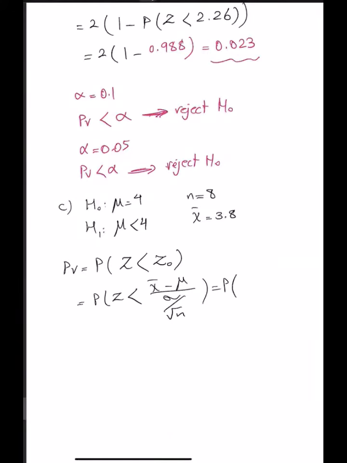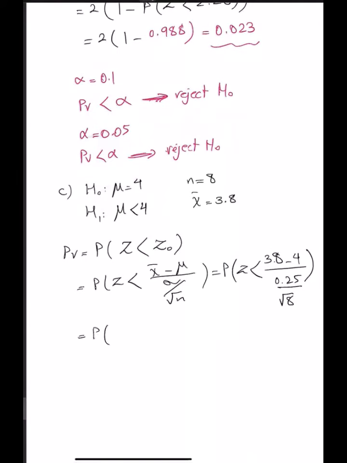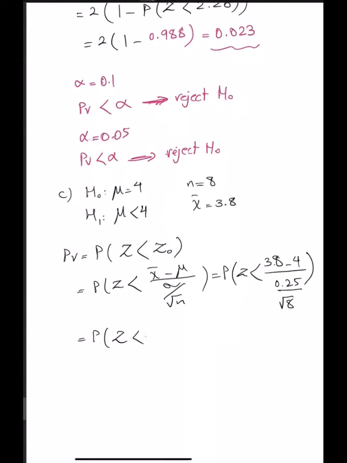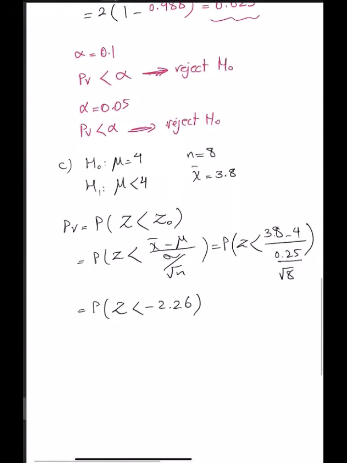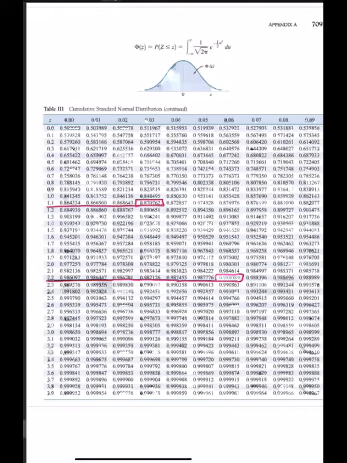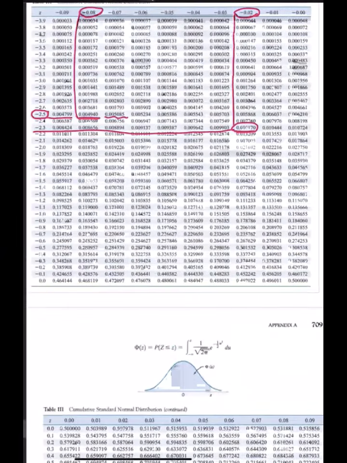That's going to be the probability of z less than 3.8 minus 4 divided by 0.25 divided by square root of 8. That's equal to the probability of z less than minus 2.26. And to find this probability, we need to go again to the z table and find the value of minus 2.26.